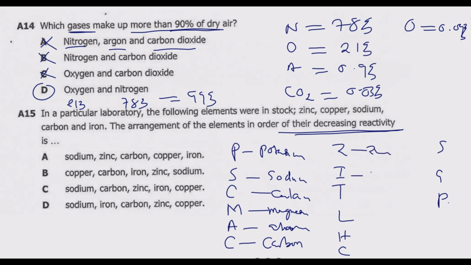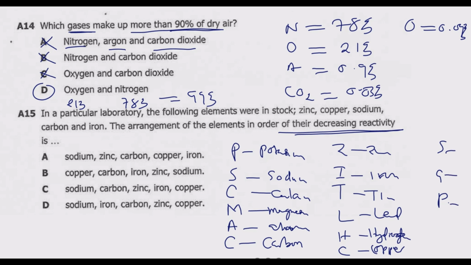Then we have zinc, then of course iron, then tin, then lead, then hydrogen, which is also a non-metal, then copper, then silver, then gold, then platinum.